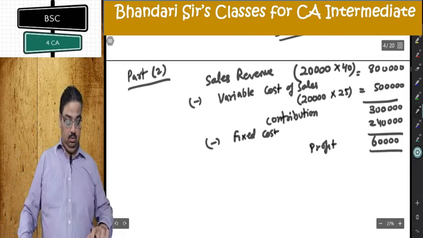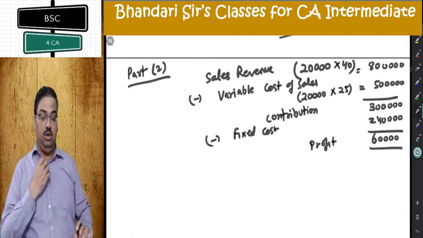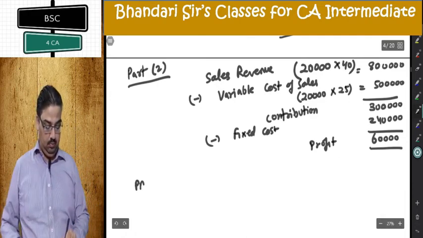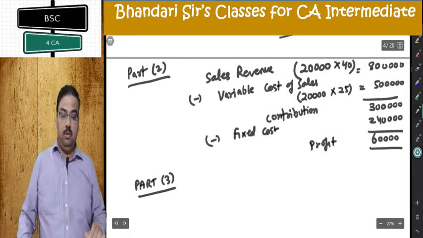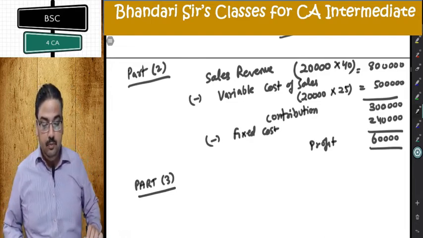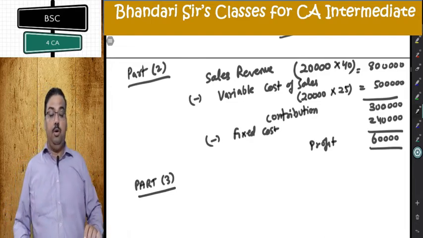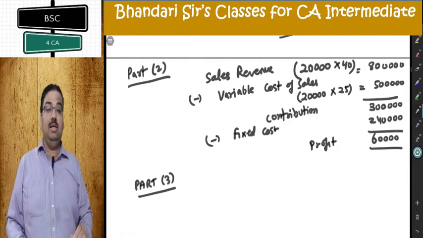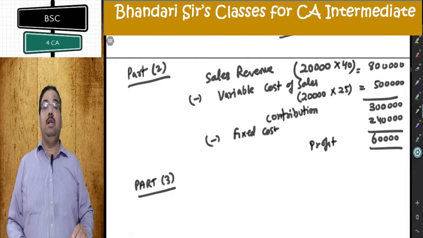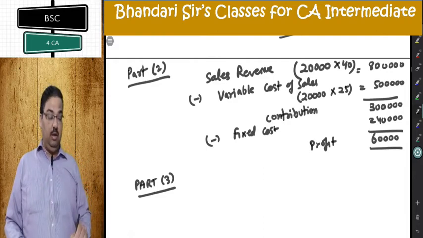Third part, they start making some changes. I observe some revised data here. If it is decided to introduce selling commission of 3 per shirt, once there is per shirt expense added, variable cost will increase.